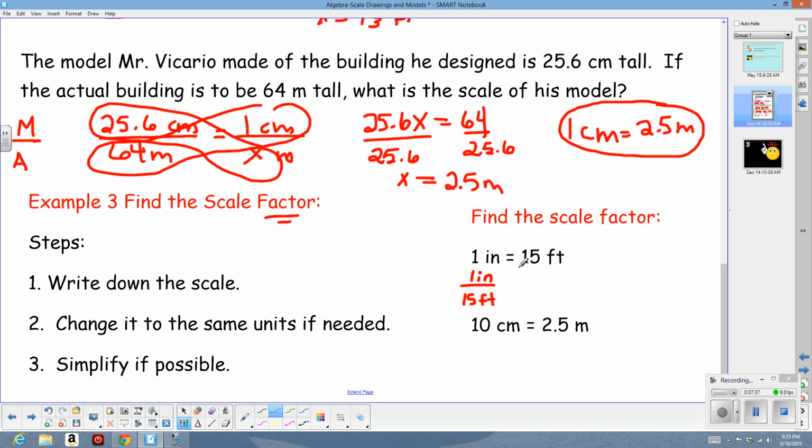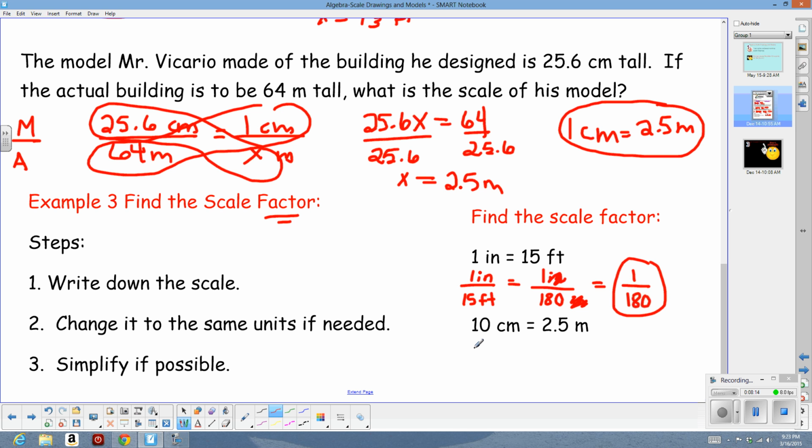There's 12 inches in a foot. 15 times 12 is 180. So 1 inch over 180 inches. Now that they're both in inches, we don't need to have that label anymore. And the scale factor is 1/180th. Basically, that means that the model is 1/180th the size of the actual thing.